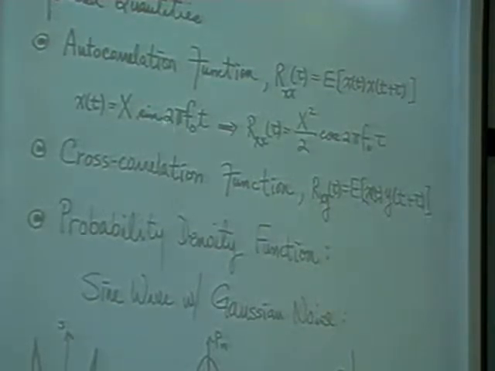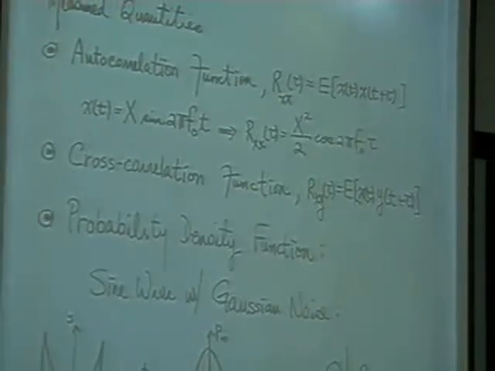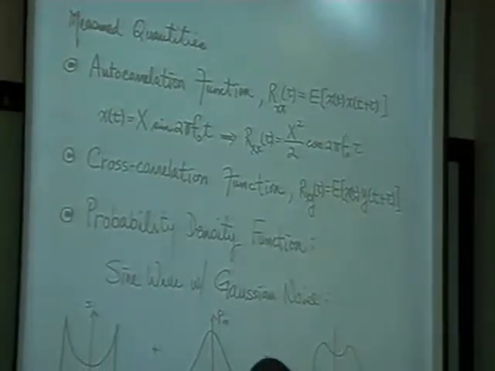And you will see that here, I think you computed, or you will compute, the autocorrelation function of a sine wave, which ends up being X squared over 2 cosine 2 pi f naught tau. So here f naught is, of course, a tonal frequency.